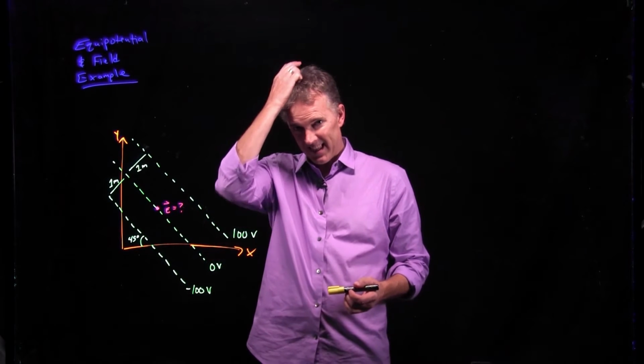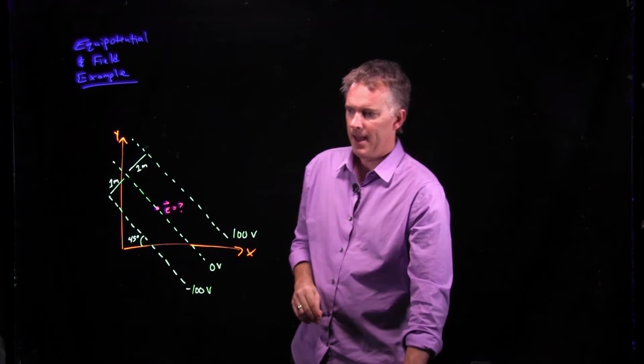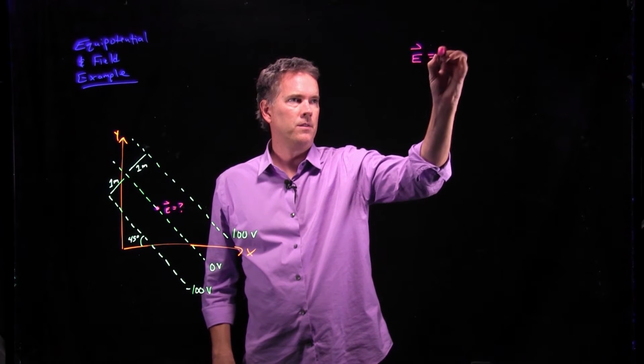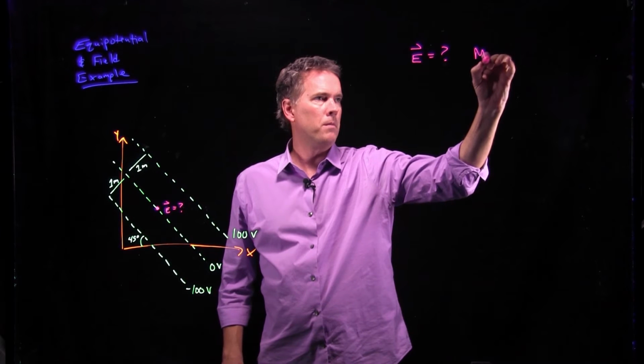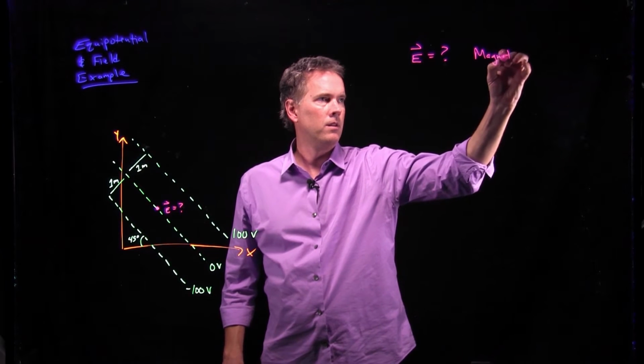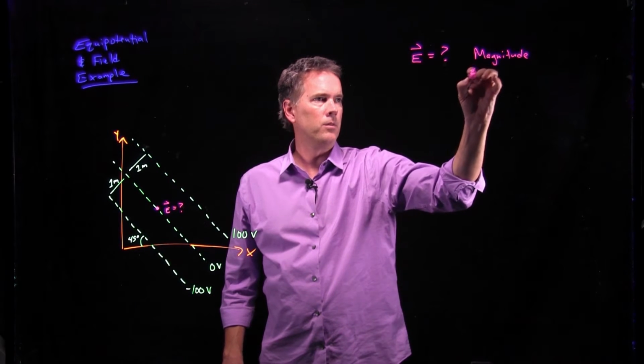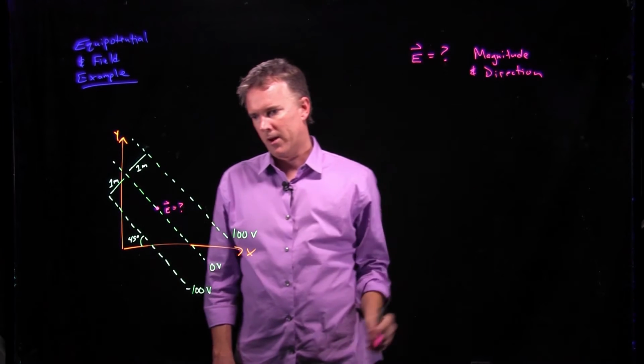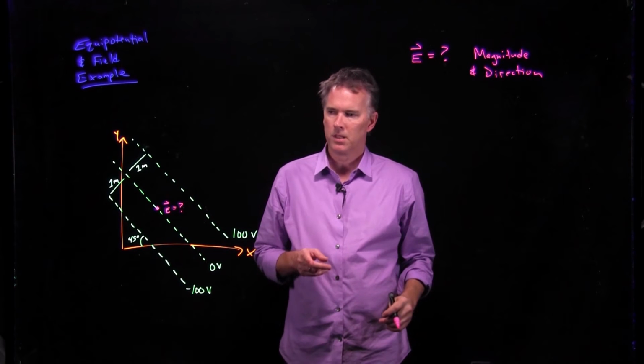How do we figure out the electric field right there? And how do we figure out the direction? We want the magnitude and we want the direction because it's a vector field. Okay, let's think about this.